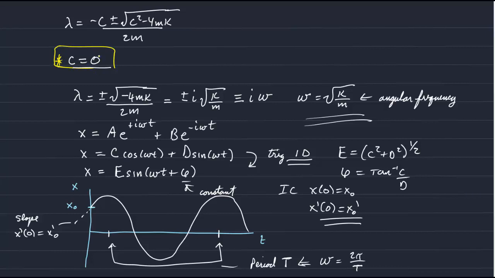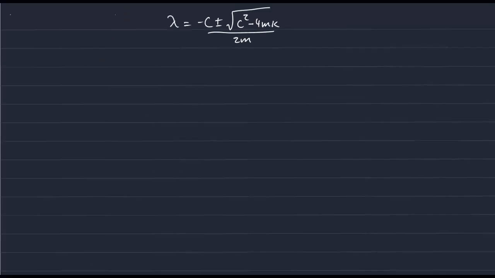Now let's look at some different situations, different solutions for different amounts of drag on our mass. Now when c is not equal to 0, then the behavior is very sensitive to the value of what's under the radical here. If what's under the radical is greater than 0, that behaves very differently than if it's less than 0 or equal to 0.